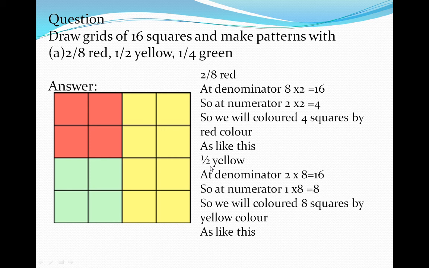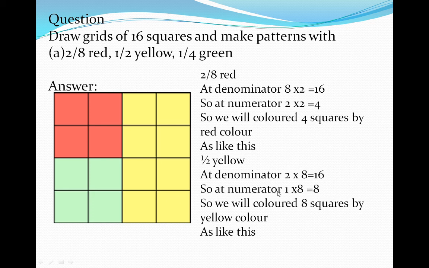So how can we convert this 2 into 16? If we multiply this 2 by 8, we can get 16. So at the denominator 2 into 8 is equal to 16. And if I am multiplying the denominator by 8, we have to multiply the numerator by 8.